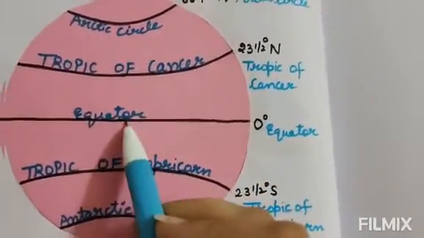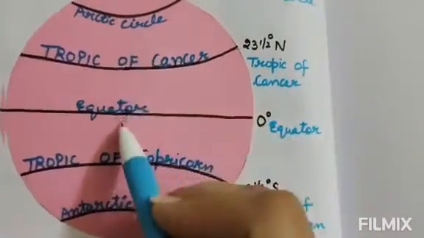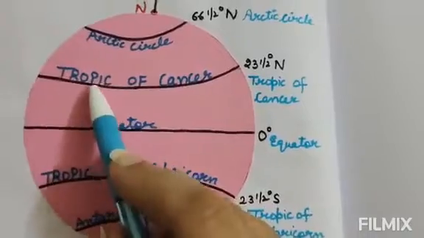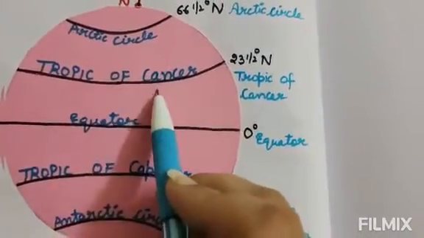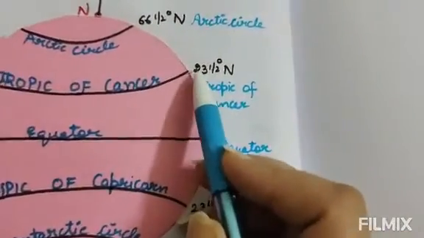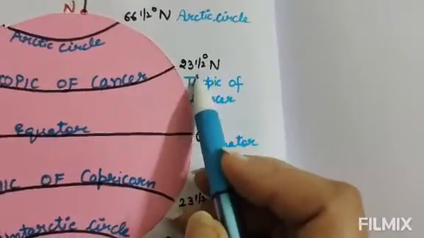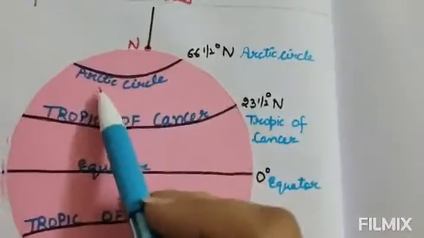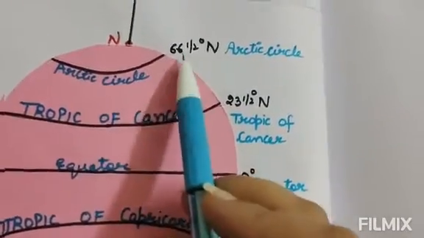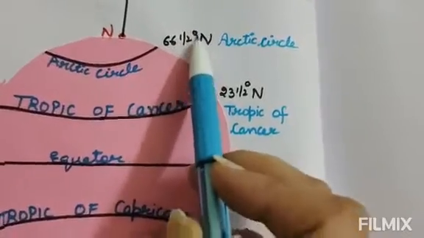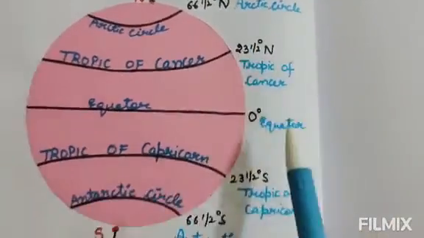Next, if we go in the northern hemisphere, this side, there is one major latitude and the name is Tropic of Cancer, and Tropic of Cancer is at 23.5 degree north. Next is the Arctic Circle. The Arctic Circle is at 66.5 degree north.